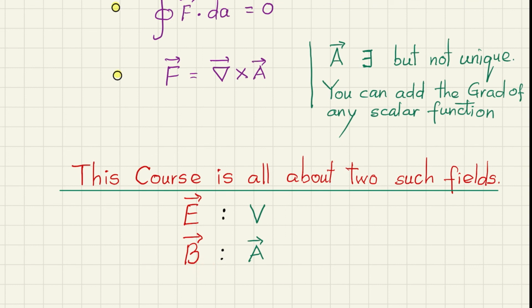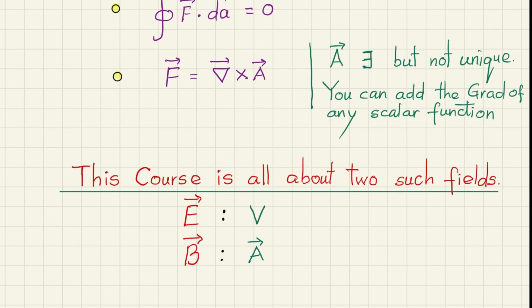So you can see the importance: mathematically speaking, these two theorems are related, one to the electric field E and one to the magnetic field B, and that's all we do in this course.